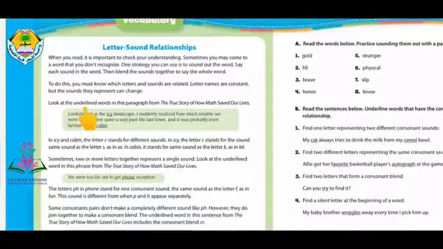Look at the underlined word in this paragraph from The True Story of How Math Saved Our Lives. Looking out at the icy landscape. Guys, here, icy. So how was letter C pronounced? Exactly like Sa, like S.